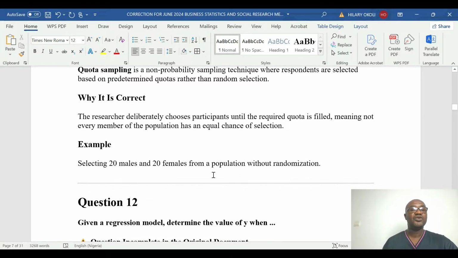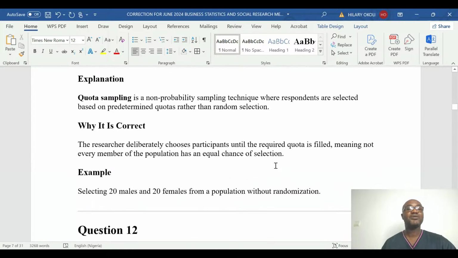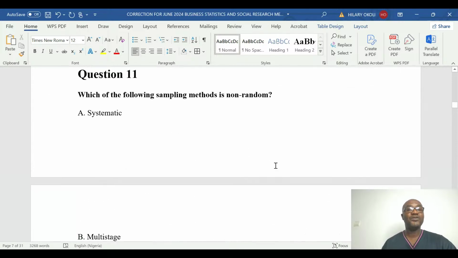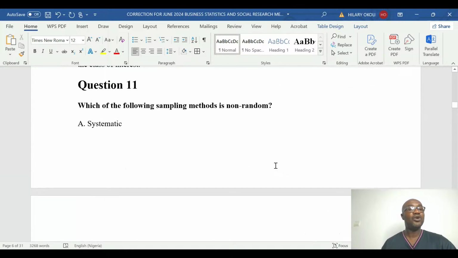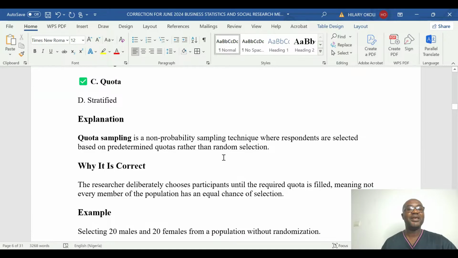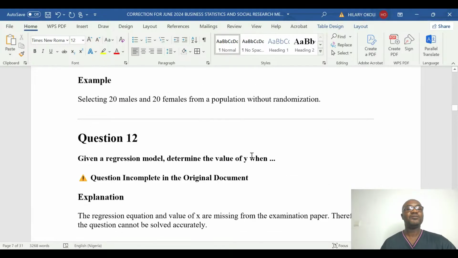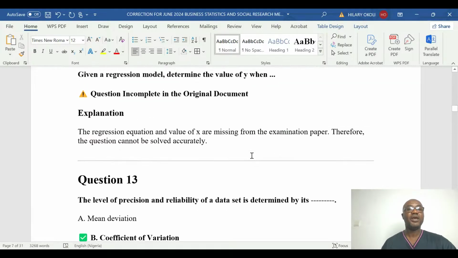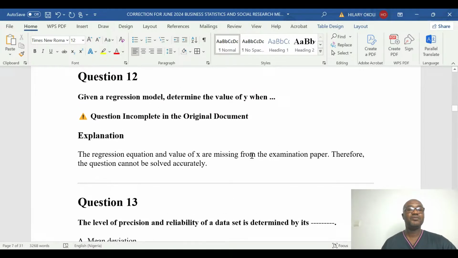So selecting 20 male and 20 female from a population without randomization, that is the quota we are talking about. The answer is quota. Okay, so let's move on.